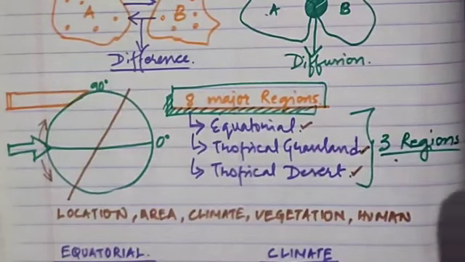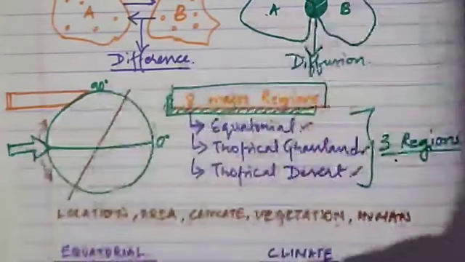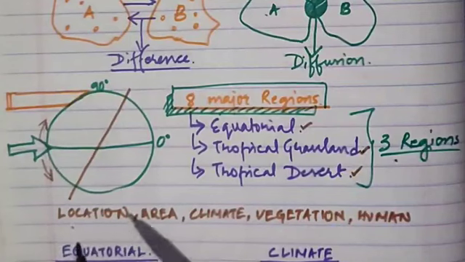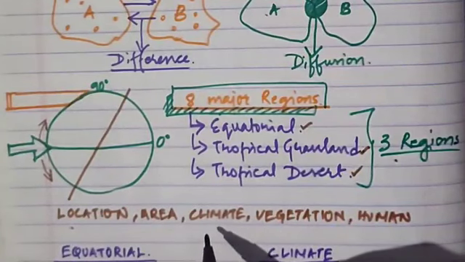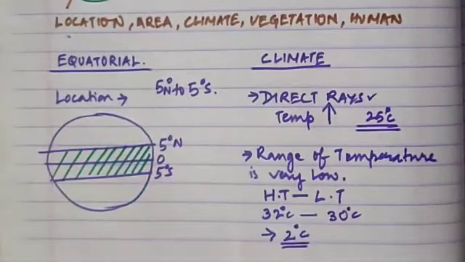So the main focus will be on the location, the area, the climatic condition, the vegetation and the human adaptation of each particular region. First we will begin with the equatorial areas.